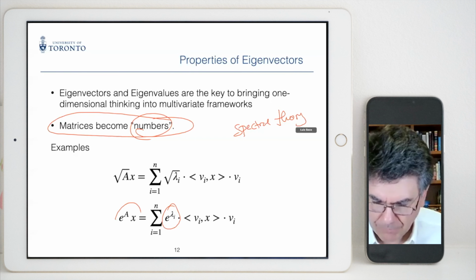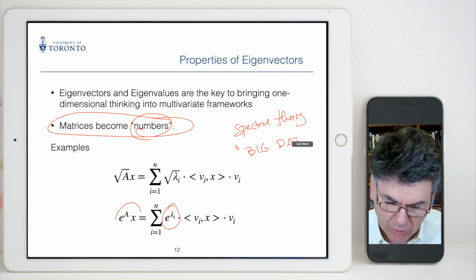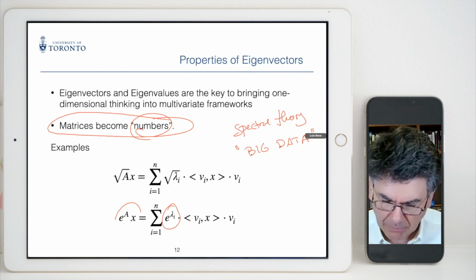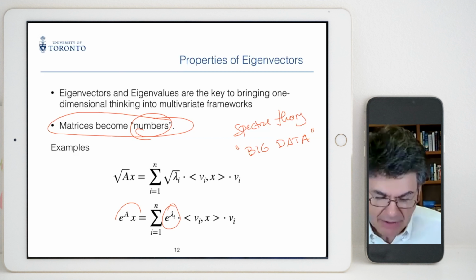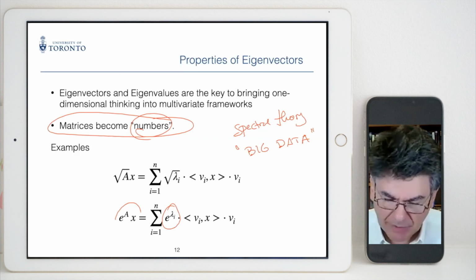We'll do something else, which is called big data. Do you know big data? Have you taken a course in data science, for example? Anybody has taken a course in data science? Well, I don't know. If you take a course in data science, these spectral methods become very useful.